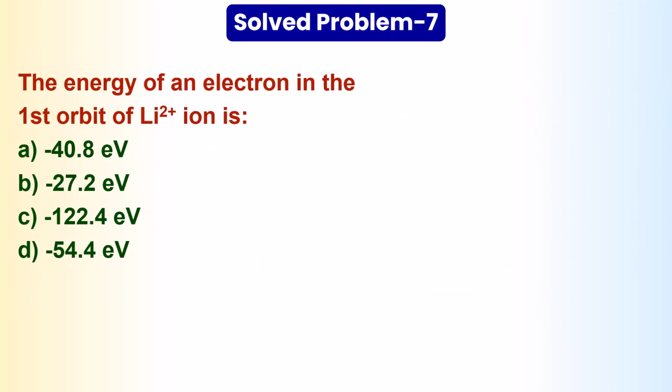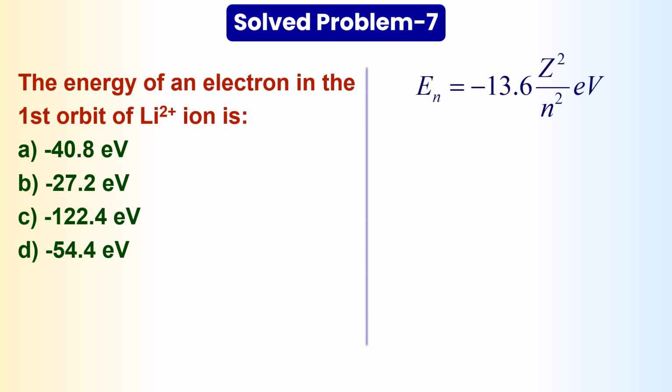Now let us solve another problem. We need to find the energy of an electron in the first orbit of the Li2 plus ion. Again, we use the same shortcut formula. For the lithium 2 plus ion, the value of Z is 3, since lithium has 3 protons in its nucleus.